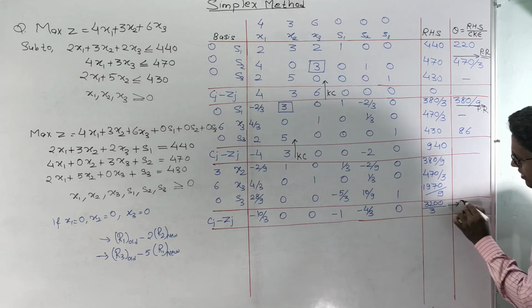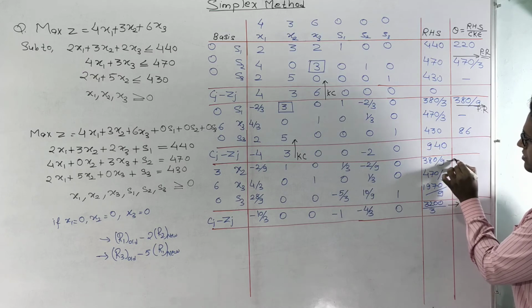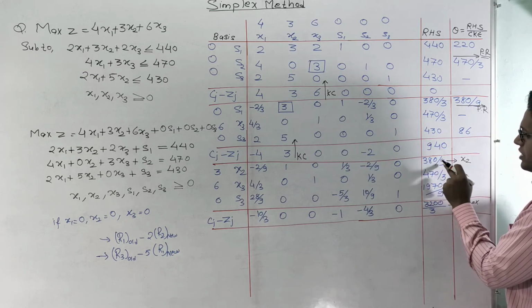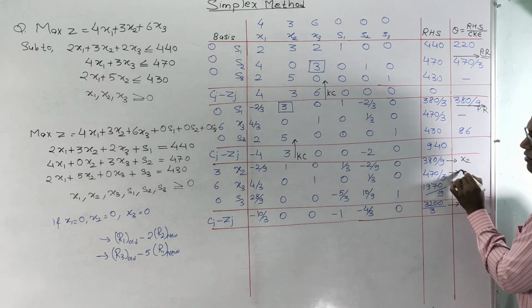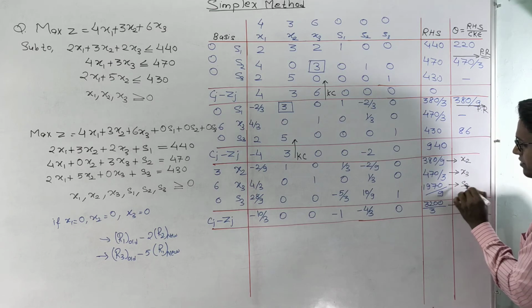So this will be our Z max, and this is the value of x2, that is 380 by 9. This is the value of x3, and this is the value of s3.